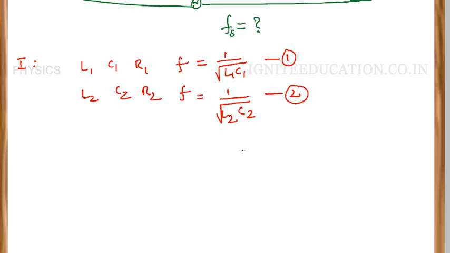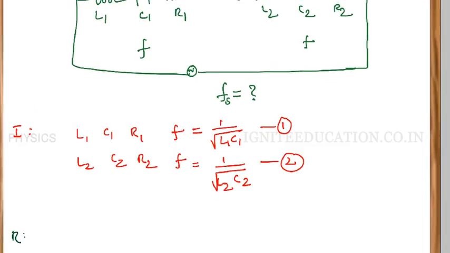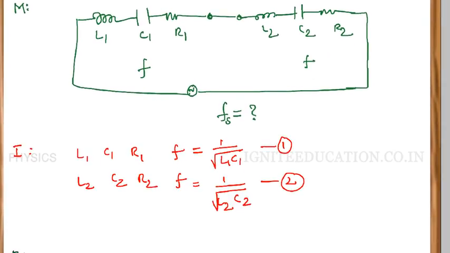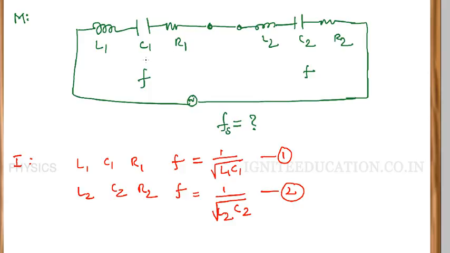We need to find the resonant frequency when those two are connected in series. So I am going to resolve everything, and while resolving I want to explain these circuits. If we connect them in series, look at this, R1 and R2 are in series.